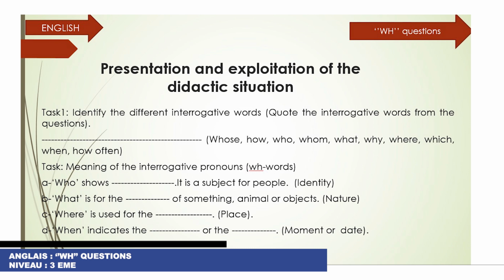Who is used for the subject, for people. What is for the nature of something, animal or objects. Where is used for the place. When indicates the moment or a date.